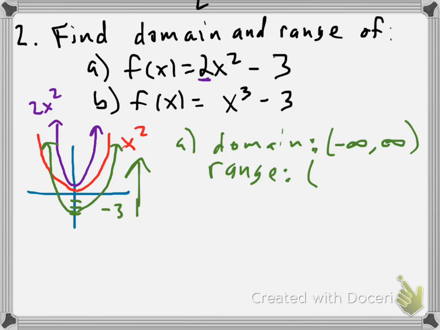Notice that the y is never less than negative 3. So the range would include negative 3, because when x is exactly 0, y is exactly negative 3. But it goes on to infinity and beyond.